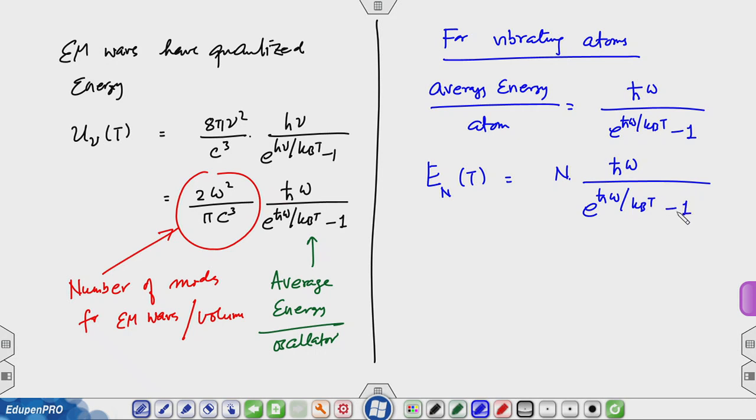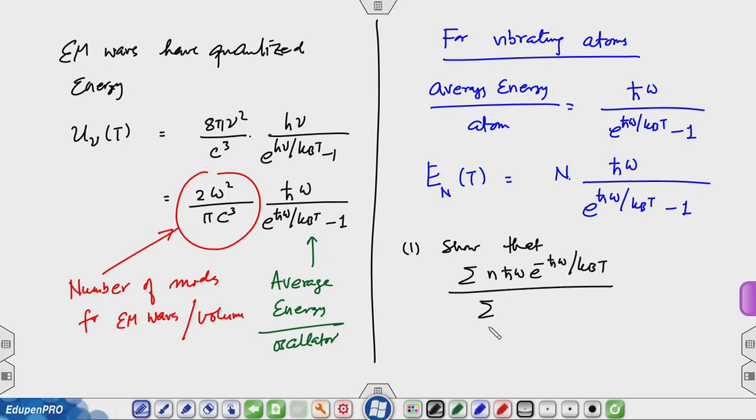Two questions here. One, show that the summation over n of n h cross omega e raised to minus n h cross omega over k B T, divided by the summation over n of e raised to minus n h cross omega over k B T, with n equals 0 to infinity, is equal to h cross omega over e raised to h cross omega over k B T minus 1.